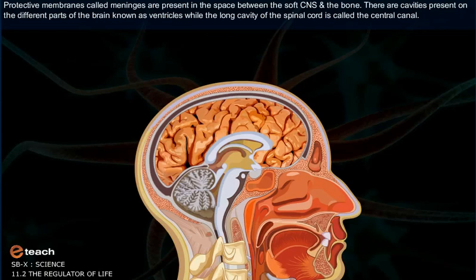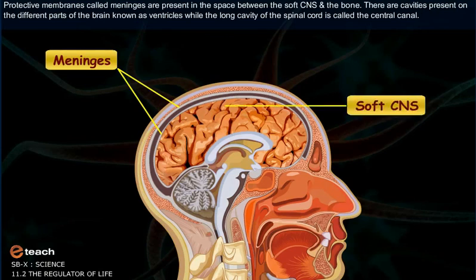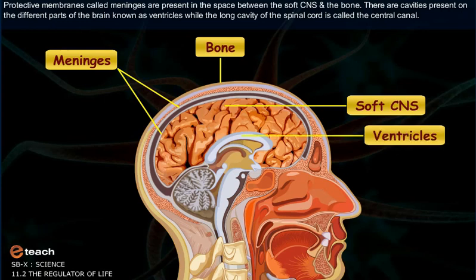Protective membranes called meninges are present in the space between the soft CNS and the bone. There are cavities present in different parts of the brain known as ventricles, while the long cavity of the spinal cord is called the central canal.